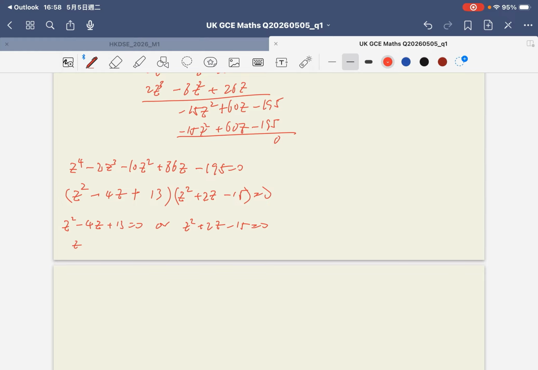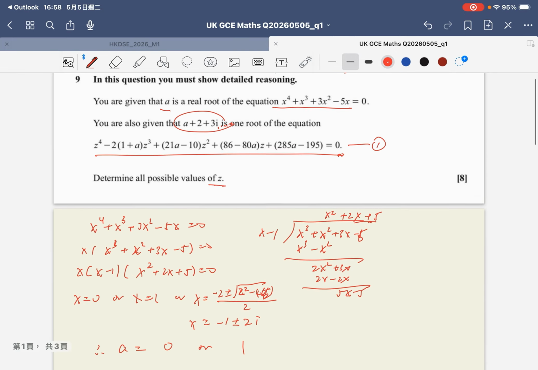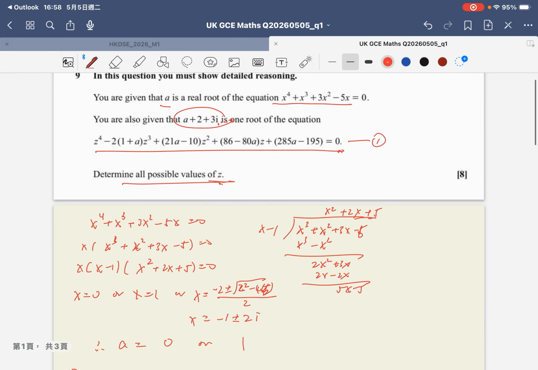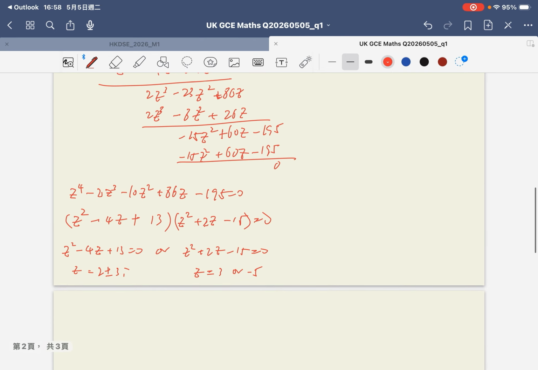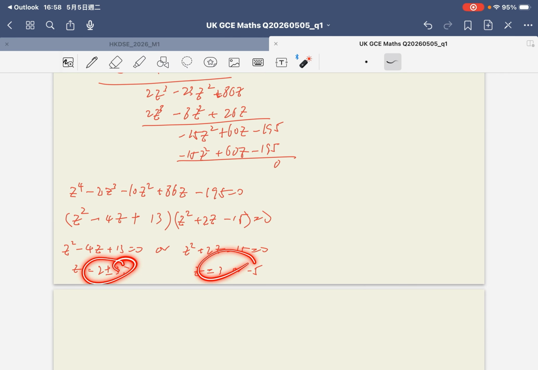The first one I have calculated, the roots are 2 plus or minus 3i. The other roots should be 3 or negative 5. That is the possible values of z for a equal to 0. Okay, not finished because we have another case.